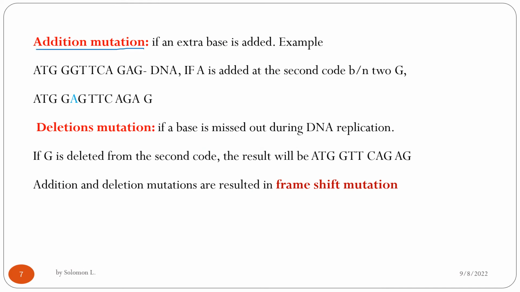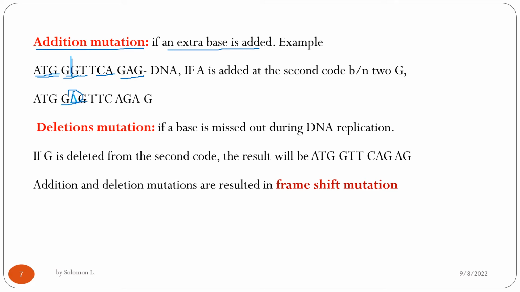Addition mutation, which is a type of point mutation, occurs if an extra base is added. Here, for example, the first base sequence or the first code is adenine, thymine, guanine, then guanine, thymine, cytosine, adenine, and the guanine, guanine. If adenine is added, one base is added in between these two guanines, then instead of guanine, thymine, it is guanine, adenine, guanine.